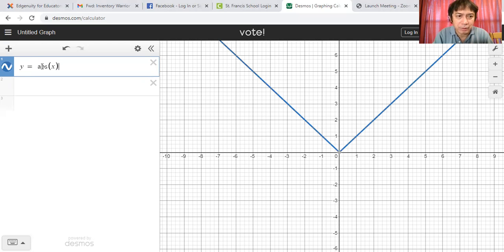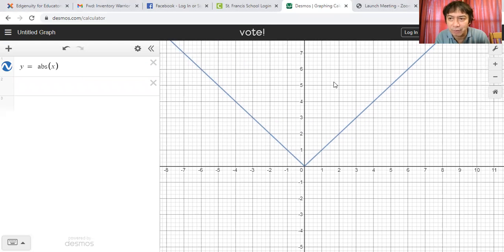This is the absolute value function, okay? And you can see the graph of this. It has a set of points in the first quadrant and a corresponding reflection in the second quadrant, which makes the y-axis the mirror line, which is the line of symmetry.